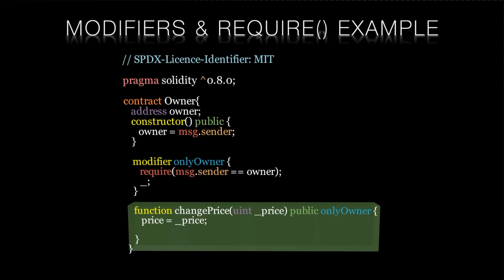Thus, this provides very simple yet very effective access control and permissioning. Here is an example of a smart contract that only allows a super user to change the price. Without this modifier, anyone who knew of this change price function would be able to change this contract's price.